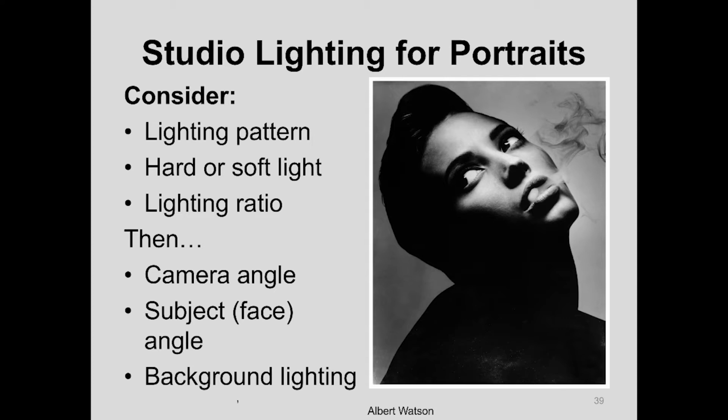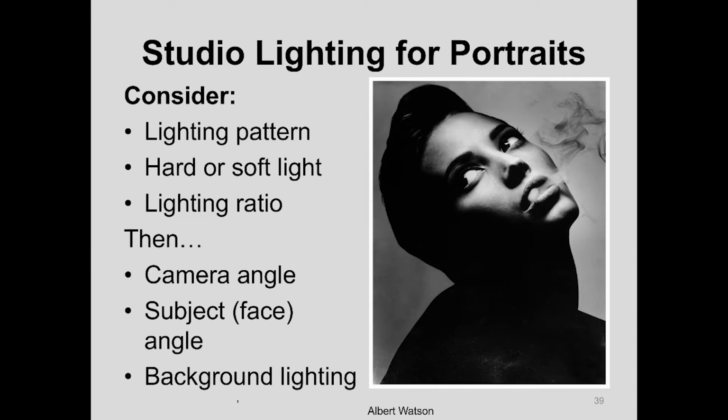So looking at this Albert Watson image, which has that strong and hard lighting pattern applied, what do you think is the lighting ratio here? So your lighting ratio determines, remember, the difference between the highlight and shadow values, as well as the overall aesthetic of the image. So this Albert Watson image is incredibly moody because of the lighting as well.